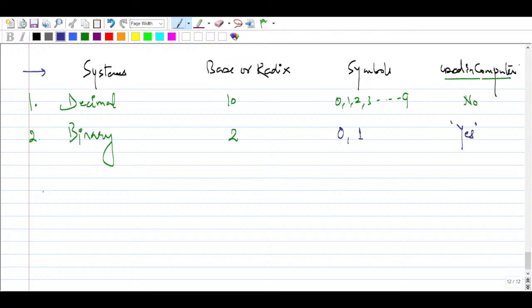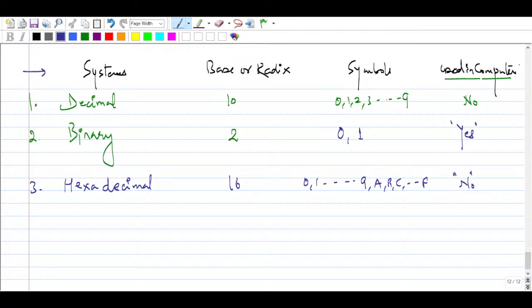Very important. The third one is hexadecimal. It has the base 16, and the symbols are 0, 1, up to 9, then A up to F. Can your computer understand hexadecimal?